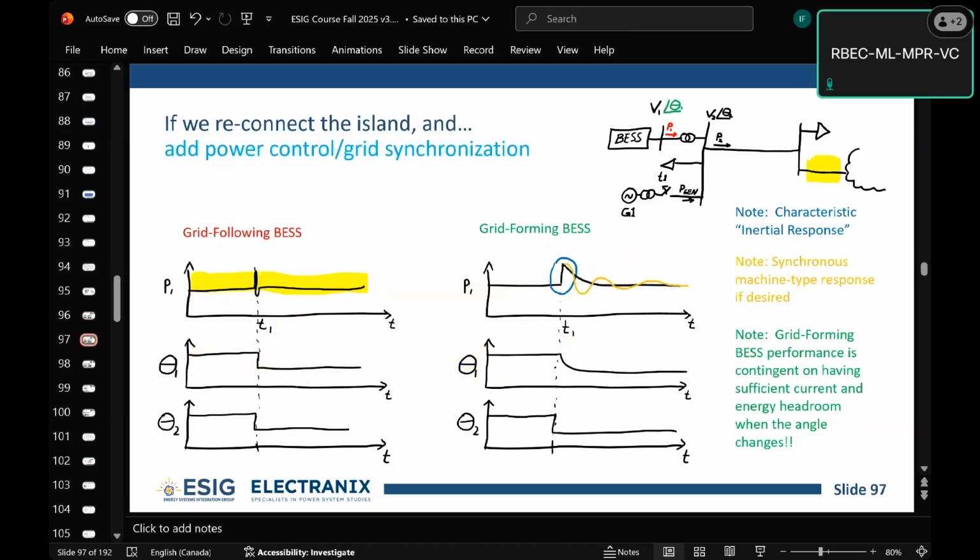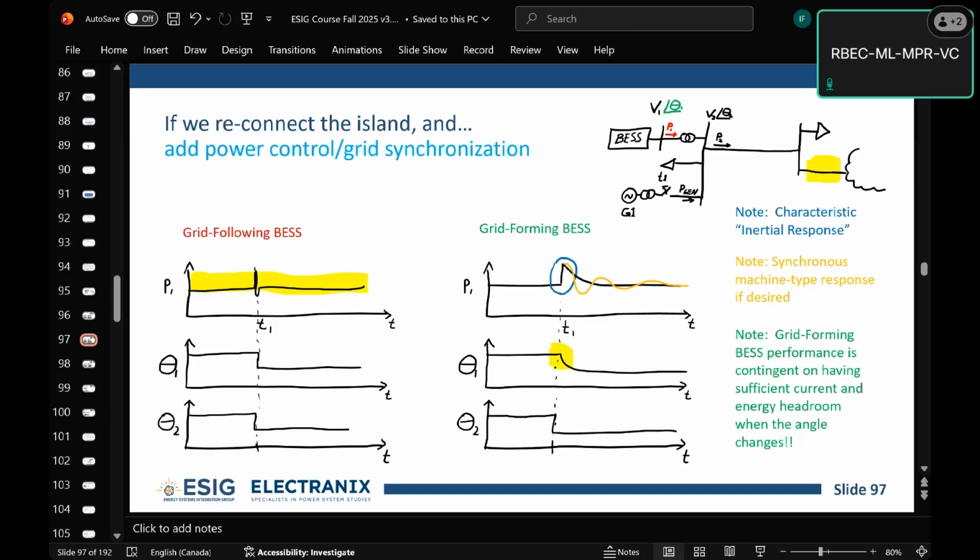The grid forming battery now, though, we've had to add some kind of synchronization control to it. So either we're doing virtual synchronous machine, or we're doing a droop control, or, like we talked about yesterday, maybe a slow phase lock loop controller that brings it back into synchronism. And so nothing is going to change in this first moment. Remember, T1 plus, theta doesn't change, but right away it's going to start changing.